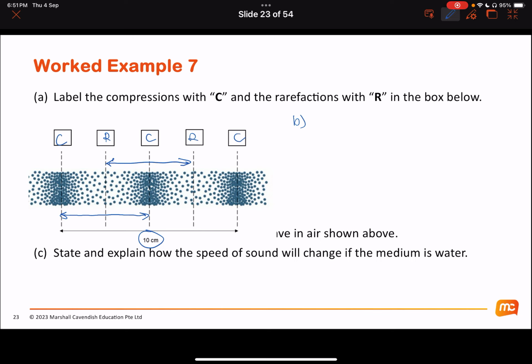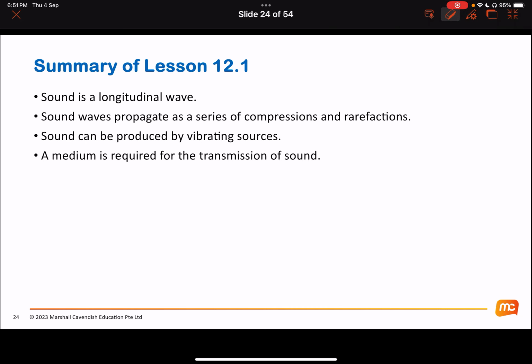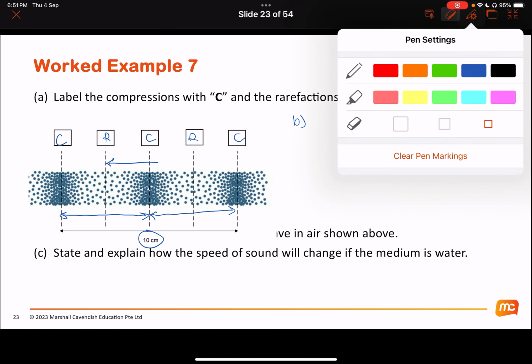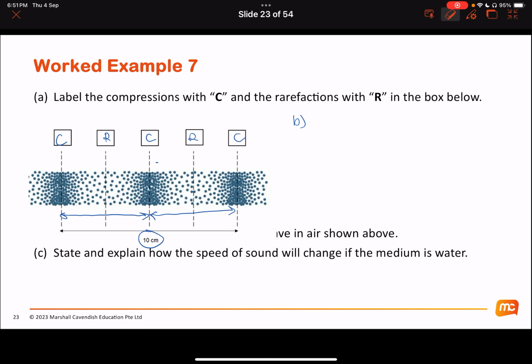So in that case, I'm going to measure it like this. 10 cm is 2 times the distance of compression to the next compression, or we use the word successive. In that case, very simple. Wavelength is 5 cm.